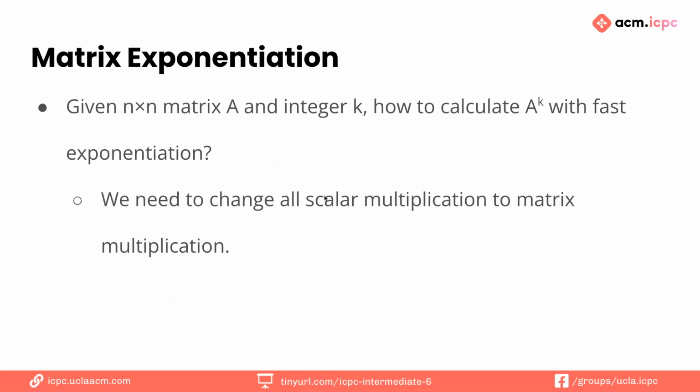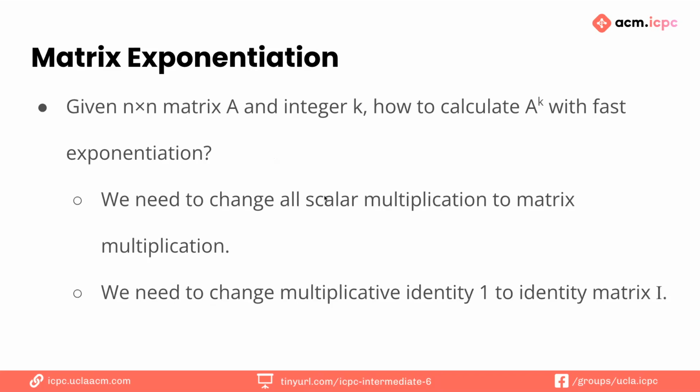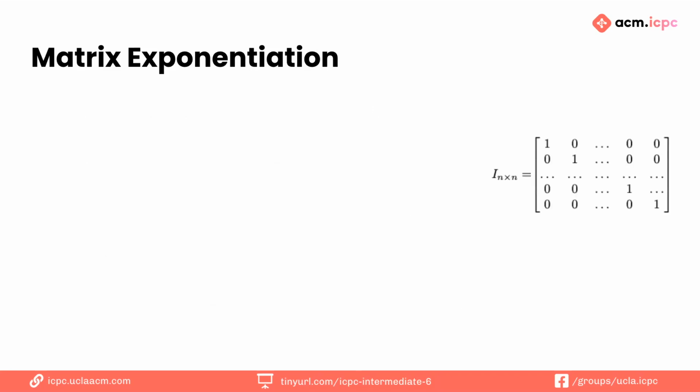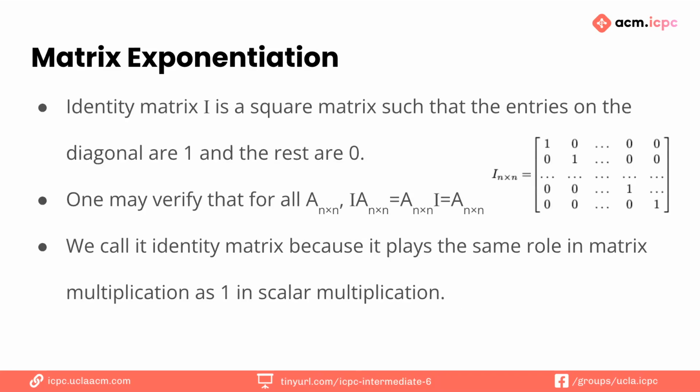Actually, we only need to change a few things about the ordinary fast exponentiation. The first thing is to change all scalar multiplication to matrix multiplication. And the second thing is to change the multiplicative identity to the identity matrix. So the identity matrix is an n by n square matrix, and the diagonal entries are all 1 and the rest are all 0.